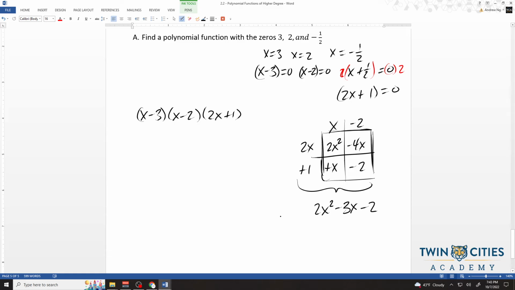And so I can take this and come back over here and say, this was originally x minus 3 times x minus 2 times 2x plus 1. I found that x minus 2 times 2x plus 1 over here is this 2x squared minus 3x minus 2. So this is now x minus 3 times 2x squared minus 3x minus 2.